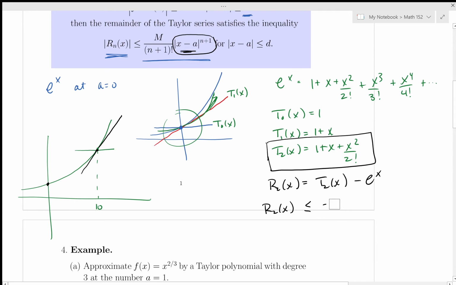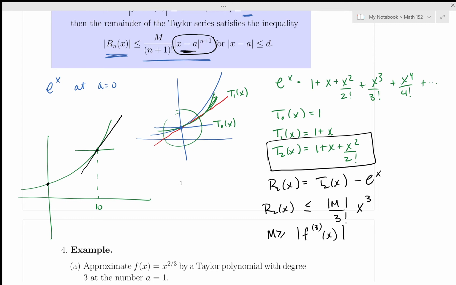Well, let us in fact do it this way: the absolute value of M over 3 factorial times x to the 3, where M is greater than or equal to the third derivative of e to the x, which is just e to the x, on the interval in which I wish to use this thing.